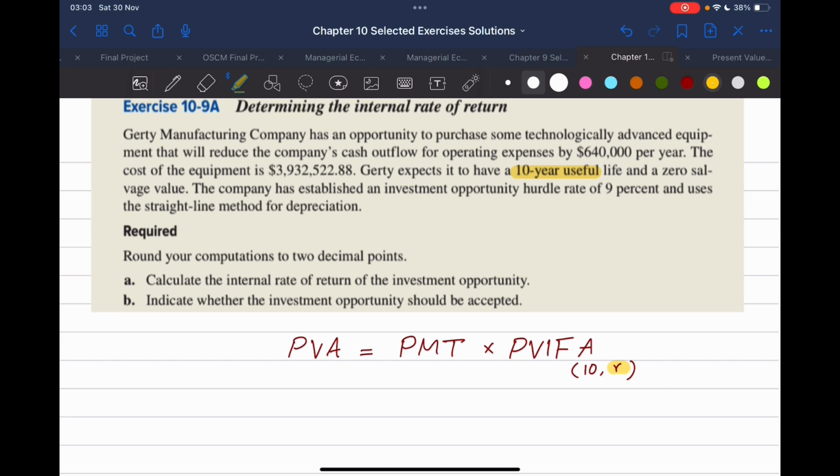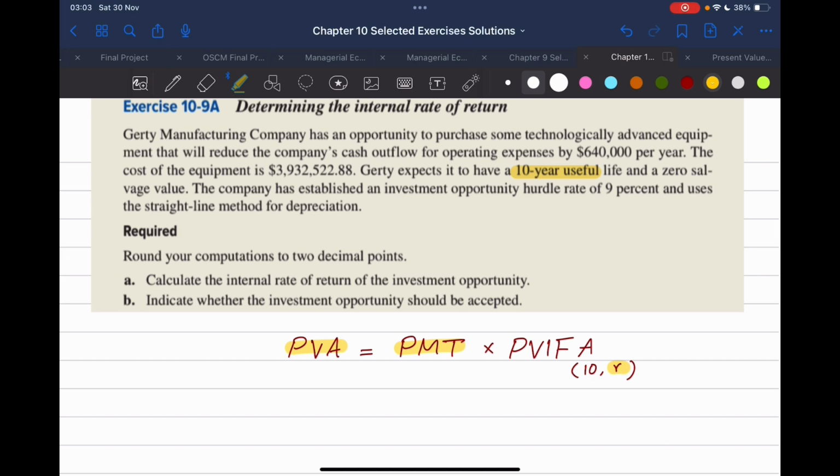If we know the present value of the annuity, and we know the PMT, we can refer to the table to find the factor that will make this formula hold true.